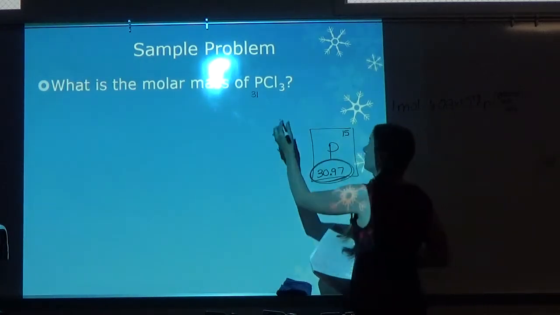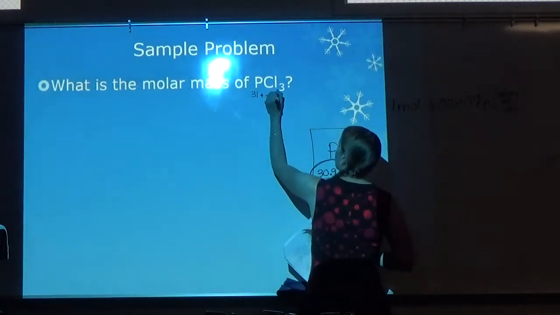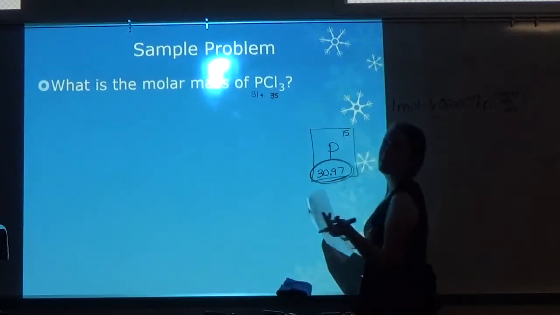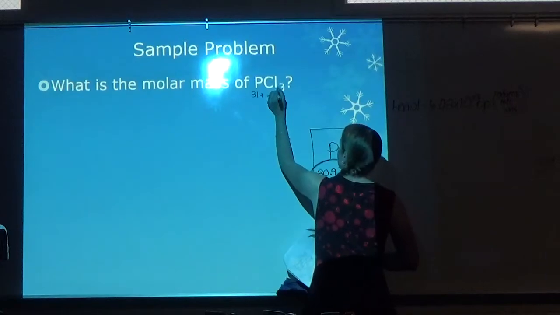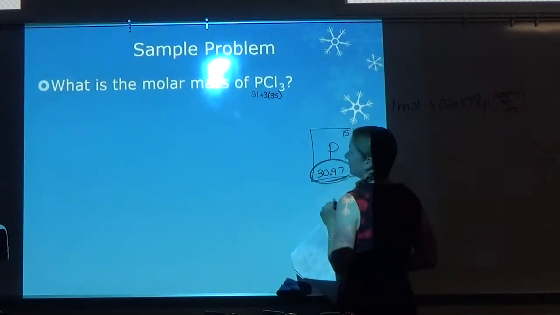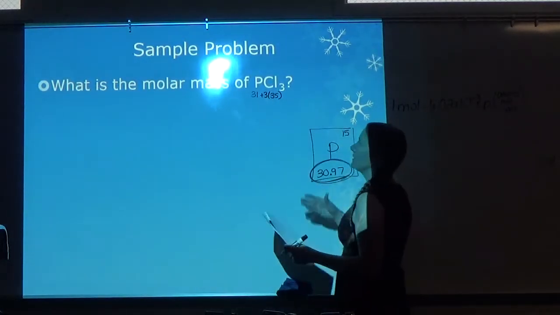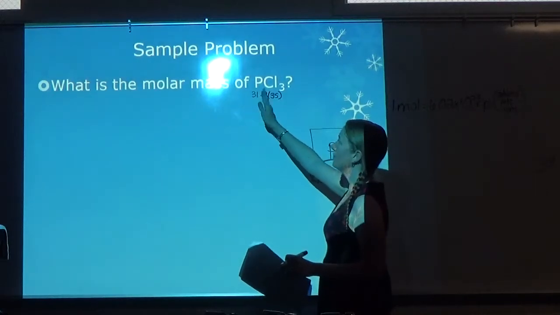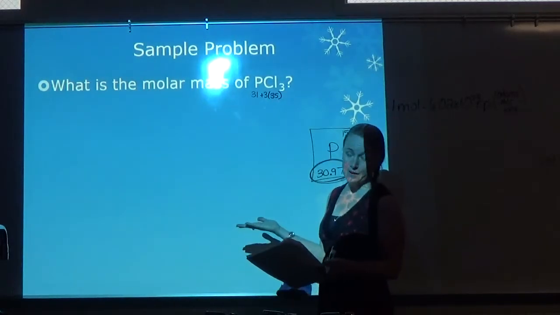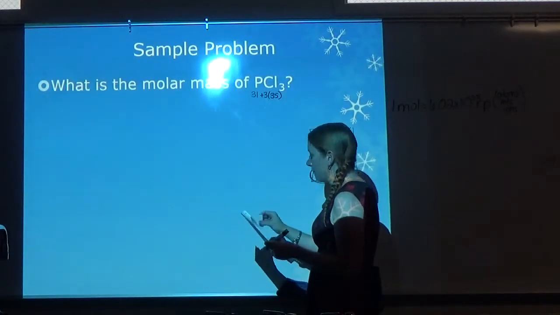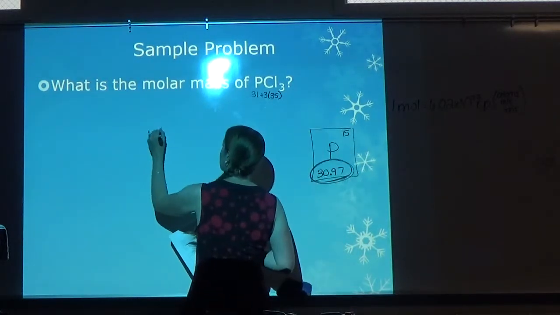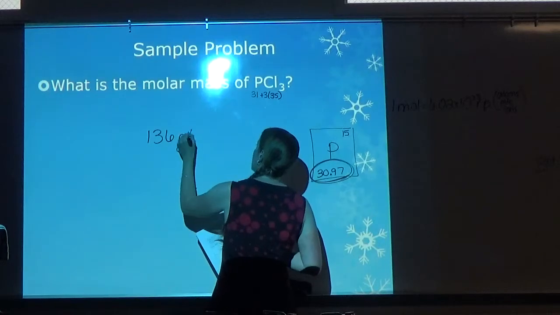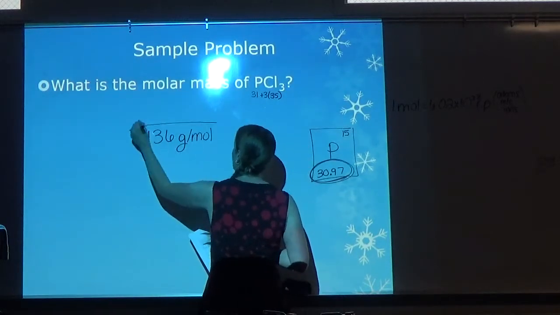So P is 31, Cl is about 35, again it's 35.4, so that rounds to 35, but I'm going to multiply it by 3 because I have 3 of them. Okay, so in other words, literally I'm just going to do 31 plus 3 times 35. And so once I do that, I end up getting 136.